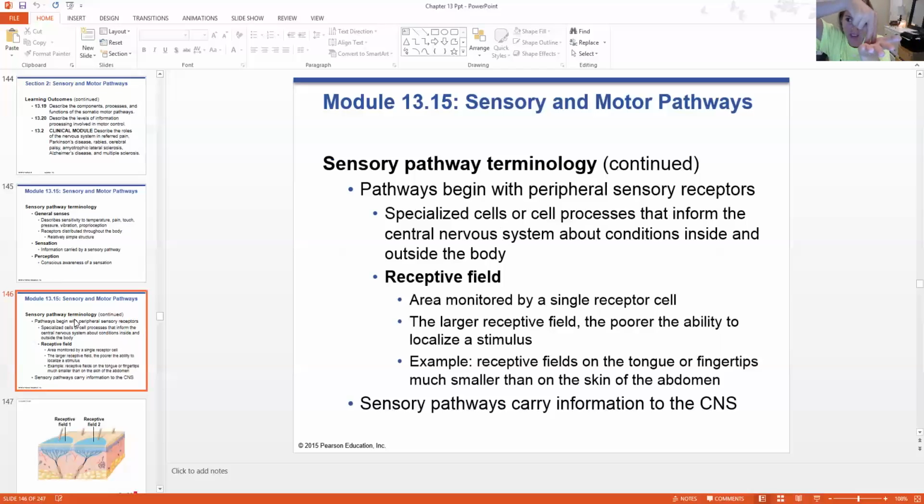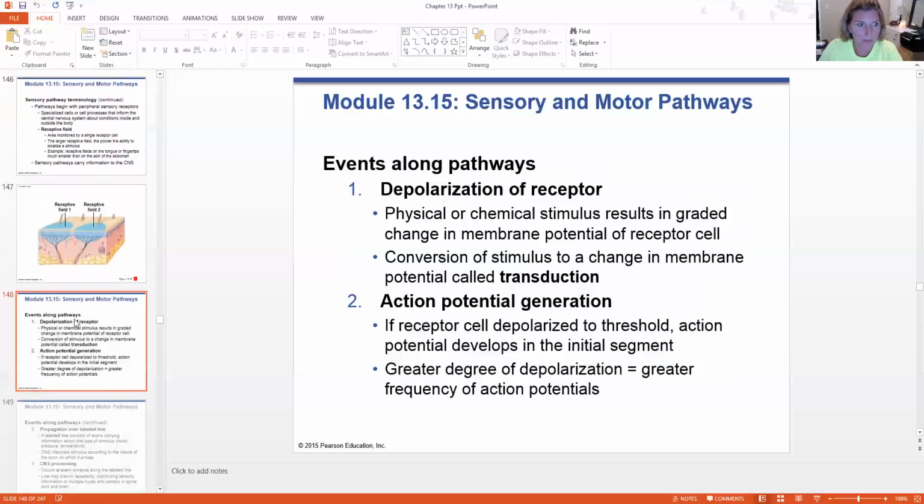Whereas if they're on your hand, they can be very, very close together, and you can still tell that it's 2 separate pins. That's because the receptive fields in your hands are much smaller than the receptive fields in the back of your arms. Makes sense, because our hands have lots of nerve endings in them to make them very sensitive and very mobile. So there's those receptive fields.